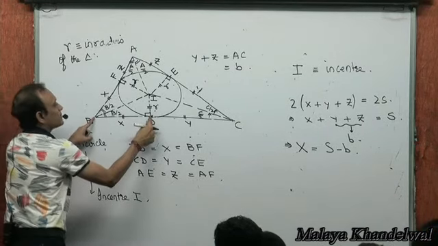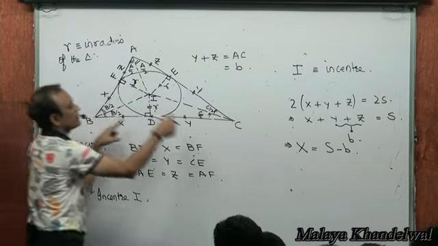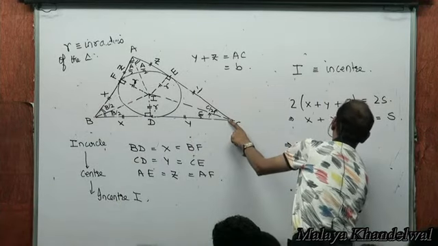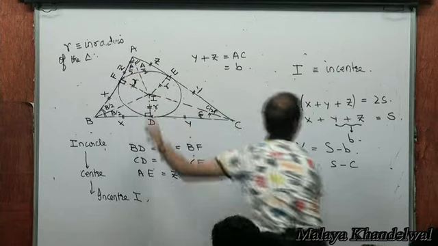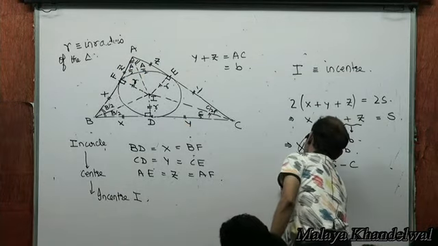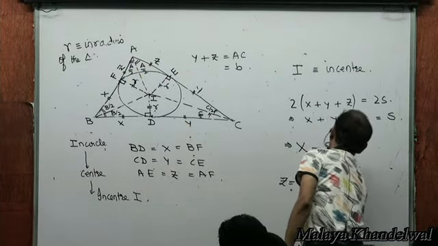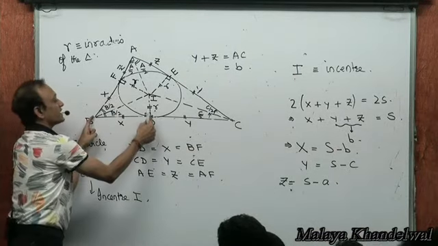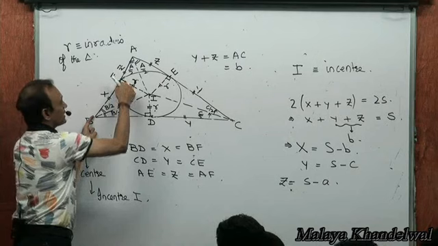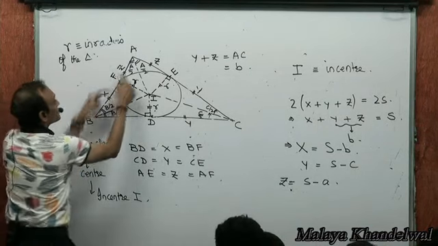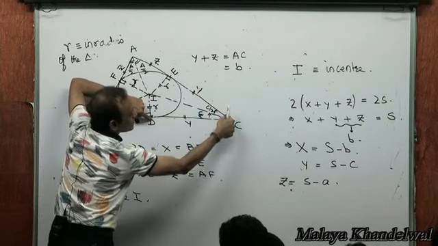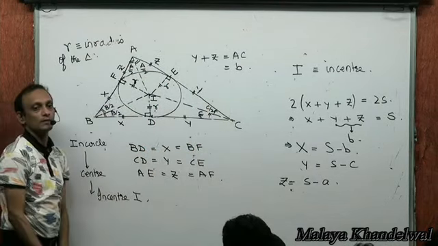So this x is s minus b. Similarly, y will be s minus c and z will be s minus a. This is s minus a, s minus a, s minus b, s minus b, s minus c, s minus c.